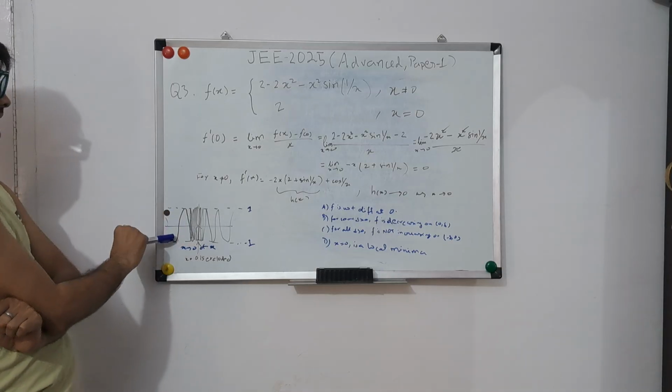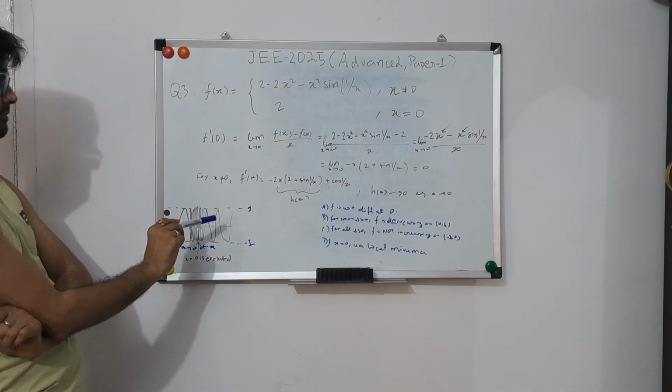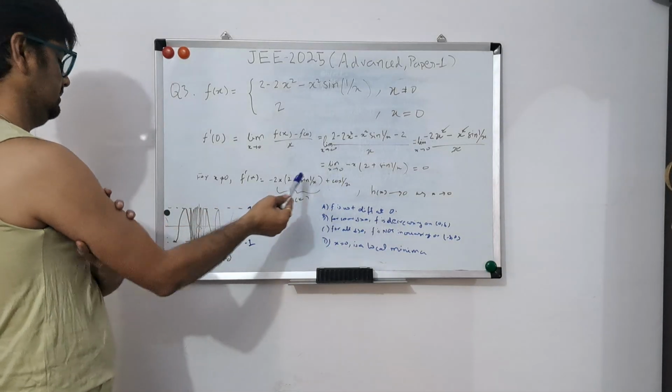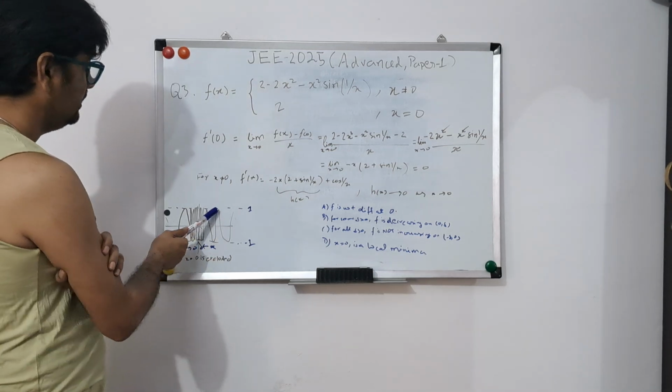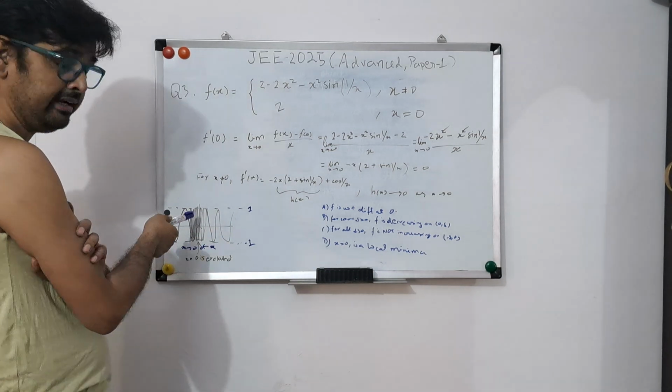So as x goes to 0, cos of 1 by x will attain the values 1 and minus 1 infinitely many times.